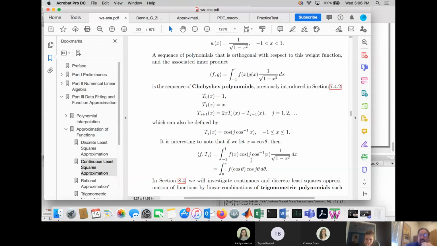So in fact, you could do what is called a discrete cosine transform, not of f of x, but rather f of cosine theta. So it's kind of like a warped version of f, and you can get your inner products very quickly that way.